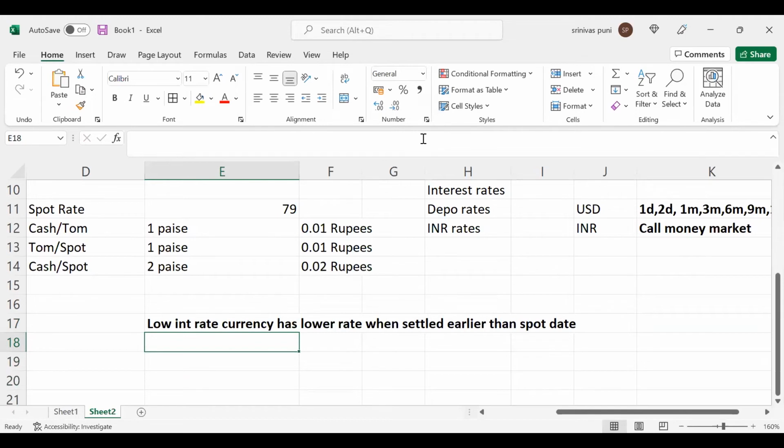right? If somebody wants to buy dollars or sell dollars, it doesn't matter, for a future date than the spot date. That means if spot date is T plus 2, what if I want to buy dollars for T plus 30? That means 30 days from today, or 60 days from today, 2 months from today, 5 months from today, 10 months from today. So there are market rates available for dollar to be bought or sold for a future date.